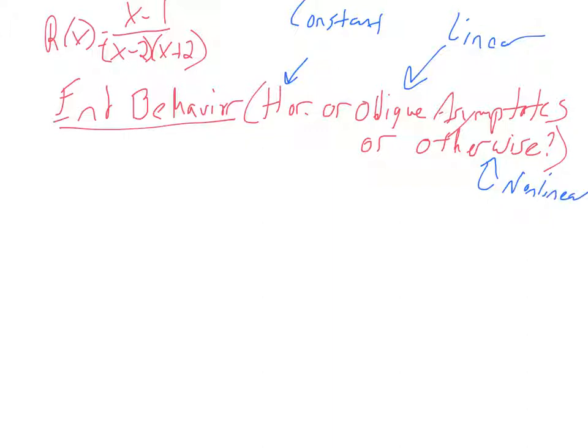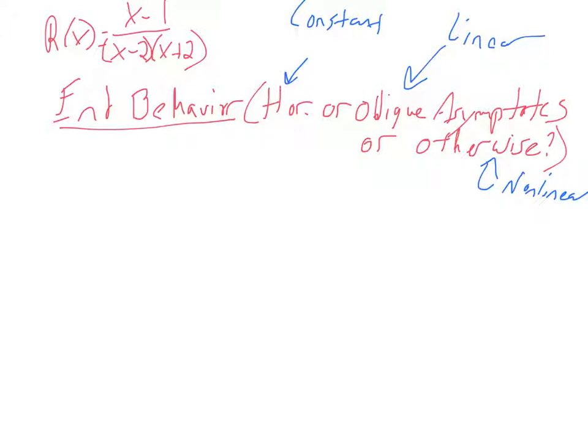So how do we tell, just by looking at the polynomial function we have on top and the polynomial function that we have on bottom, what type of end behavior we're going to have? What was the rule that we used from yesterday? It all depended on the order of the polynomial in the numerator and denominator, didn't it?